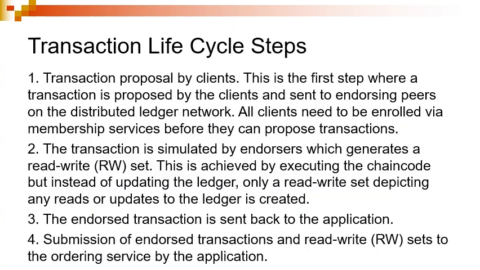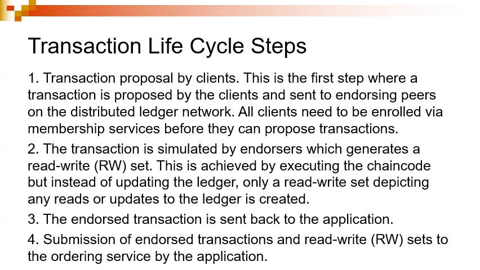So you can see the transaction life cycle steps. Transaction proposal by clients: the clients who want to do some operation will propose a transaction. This is the first step, where the transaction is proposed by the client and sent to the endorsing peers on the distributed ledger network. All clients need to be enrolled via membership services before they can propose a transaction.